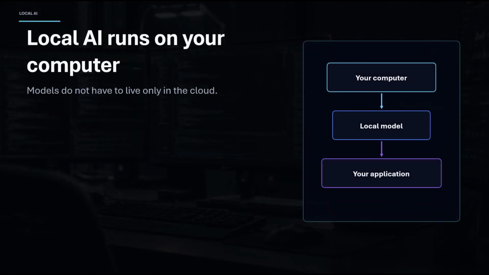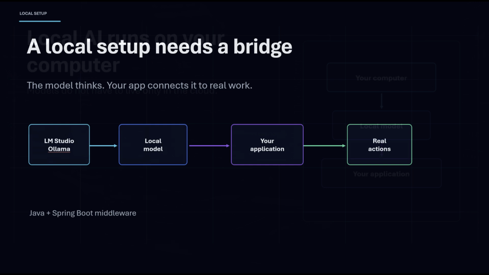I'm especially interested in local AI. And by local AI, I mean some LLM models that run on your own PC instead of cloud services. For example, you run the model through LM Studio, Ollama, vLLM, or another software that can run the AI models.